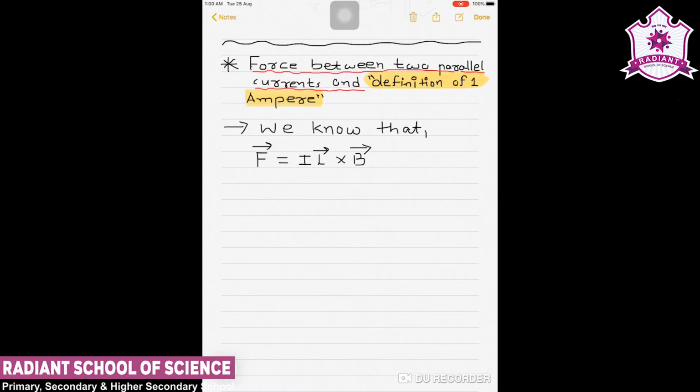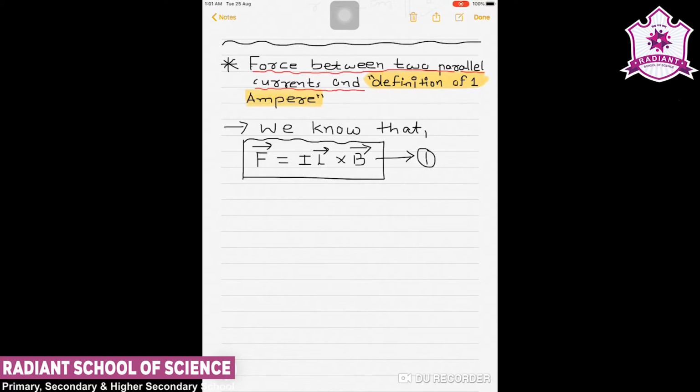If we consider a small element of length L in that conductor, and that wire is kept in a magnetic field, then it will experience a force, and that equation is given by equation number 1 that I am writing over here. Now the question here is the force between two parallel currents.